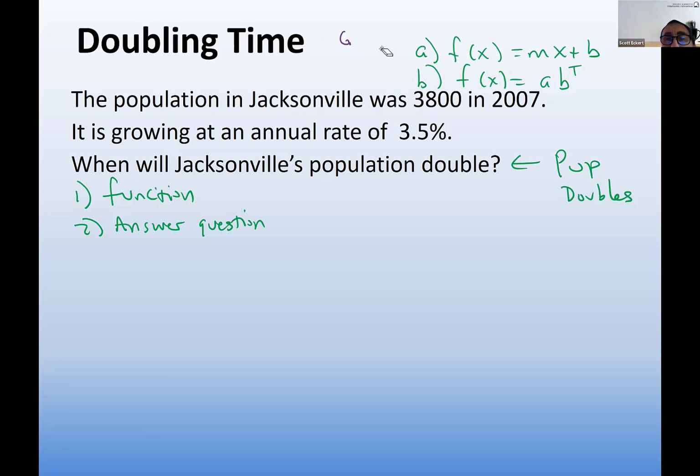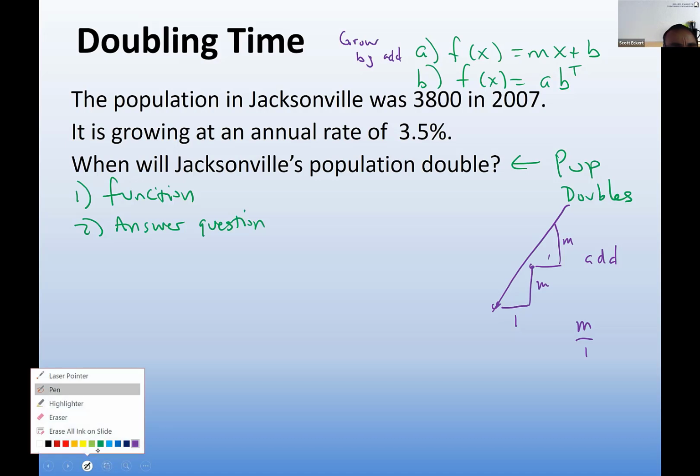So if you've got a point, you go over 1 and up m. That would be the slope, m over 1. You go over 1 up m, so we're adding m each time. And that gives us our linear function.